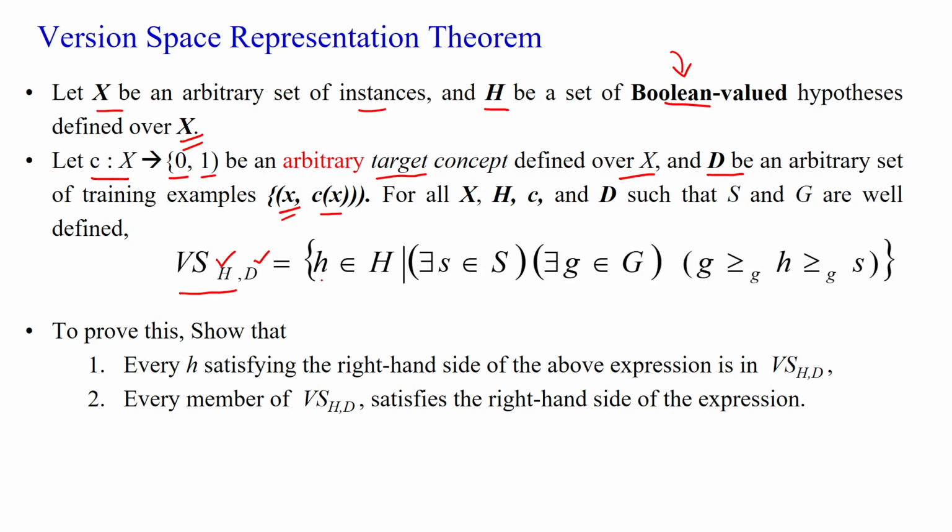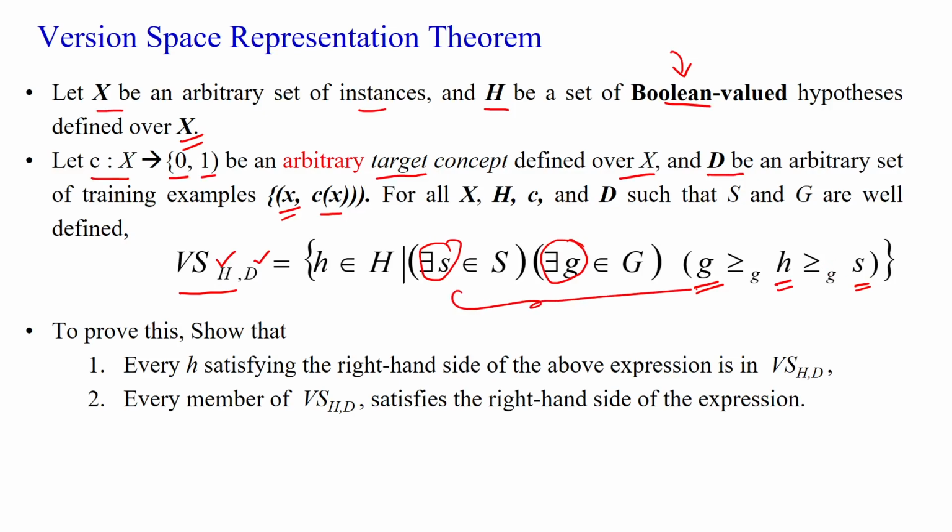Whichever hypothesis is consistent, that may be a specific boundary hypothesis or a general boundary hypothesis, is given based upon the condition: general hypothesis more general than or equal to the given hypothesis, more general than or equal to the specific hypothesis.